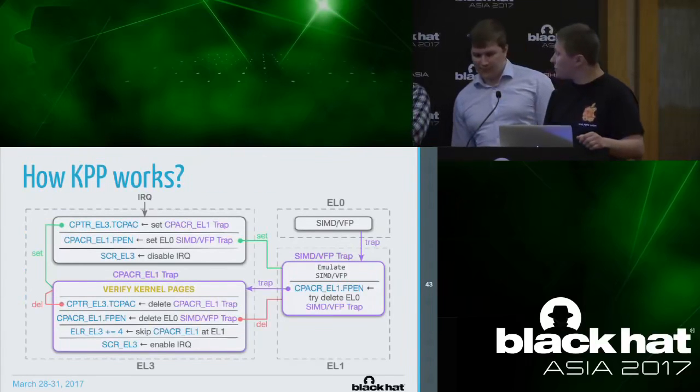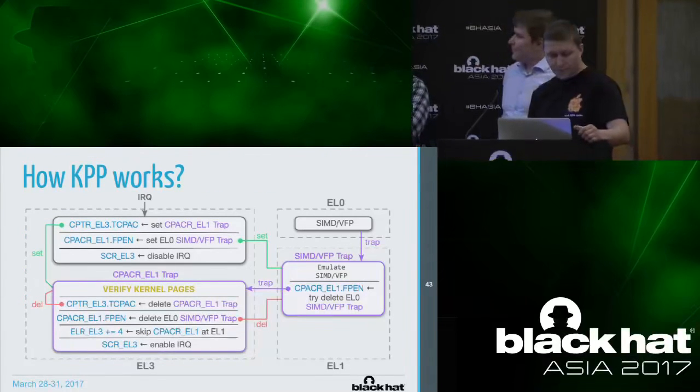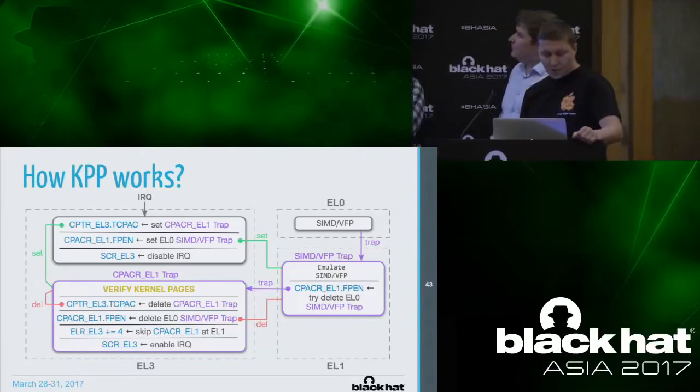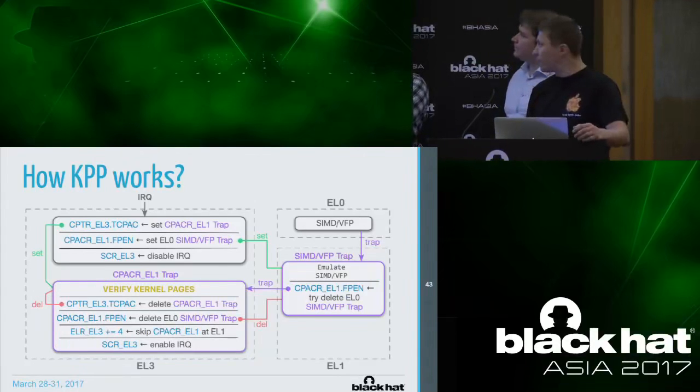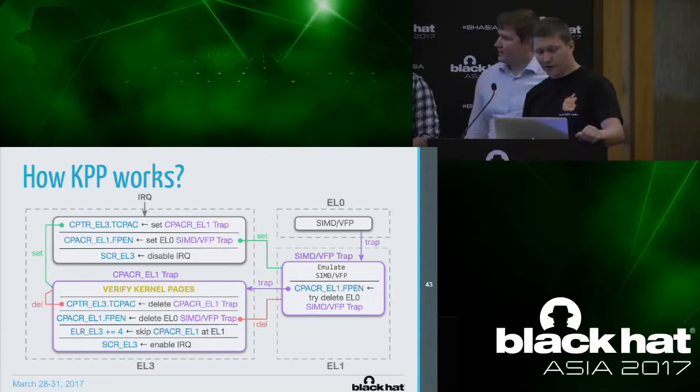So it all starts with an interrupt. The interrupt handler sets the CPACR access trap on EL1, and then it sets the SIMD floating-point register instruction trap for EL0. Then it disables interrupts to prevent going to this handler again.